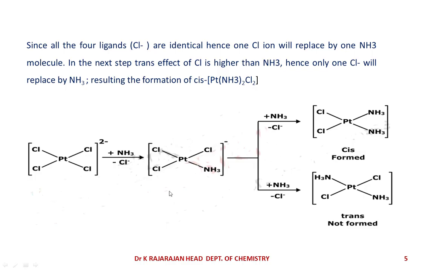So one of the chlorines is replaced by the ammonia and you will have the cis product. Since we have already stated that the chlorine has a higher trans effect than this ammonia, this cannot be replaced by the ammonia. So the formation of the trans product is not possible at all here.